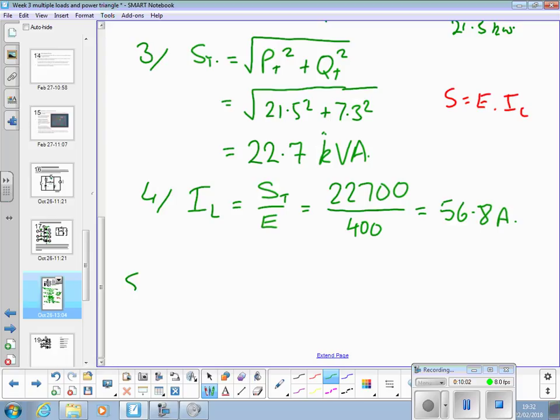Step 5, power factor. How do we express that power factor?